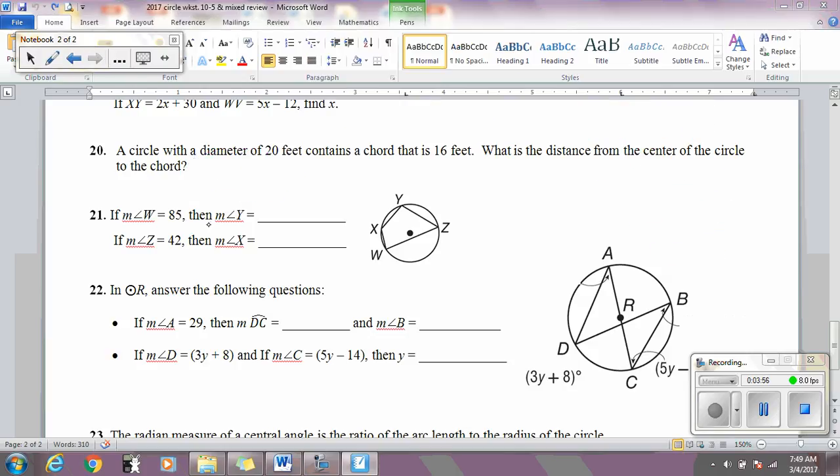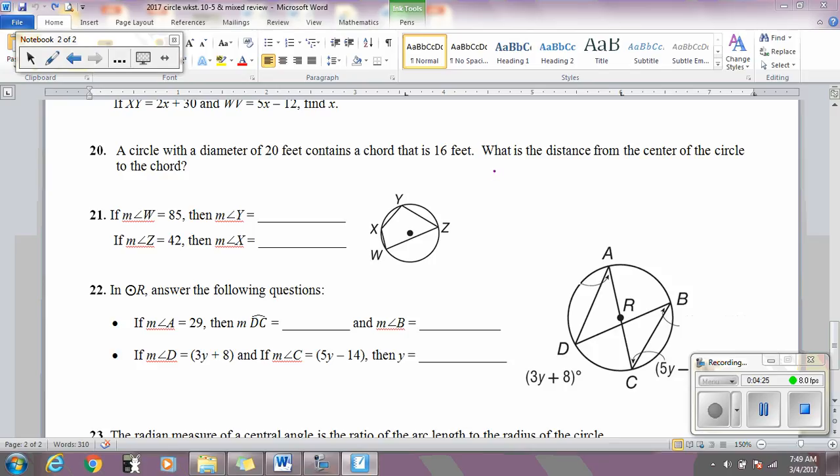For number 21, it tells us that the measure of angle W is 85 degrees. It wants us to find the measure of angle Y. So this is also on page 3. When you have a quadrilateral inside of a circle, the opposite angles are supplementary. Sorry, this is page 4 of your packet.